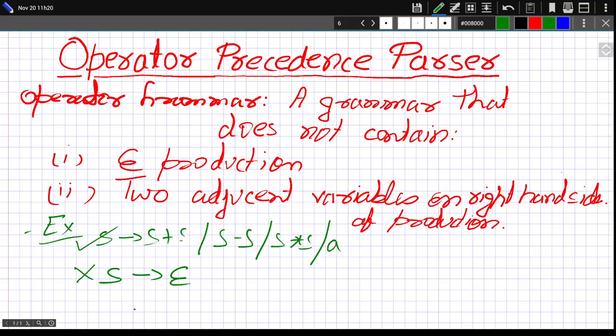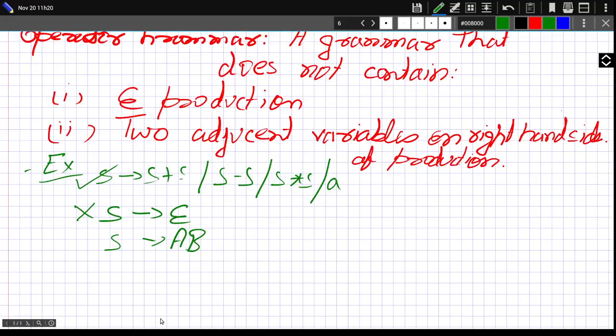Any production like S gives suppose AB, maybe after that this particular A gives something, this is allowed, B gives something, this is allowed, but this portion is not allowed, right?